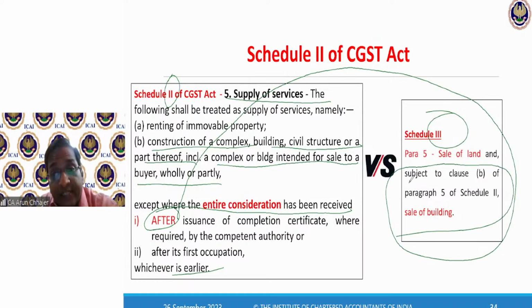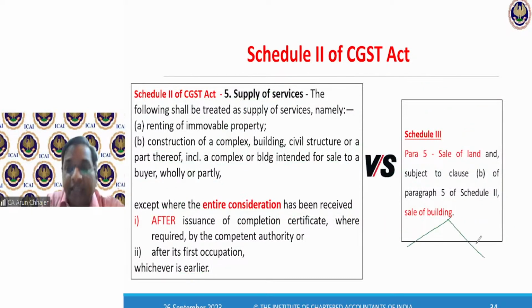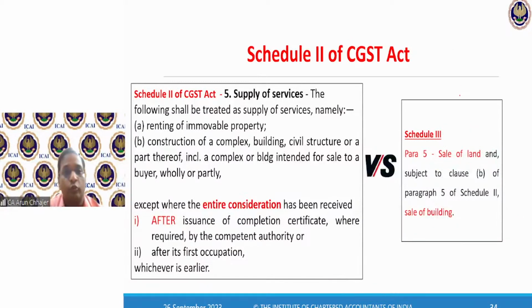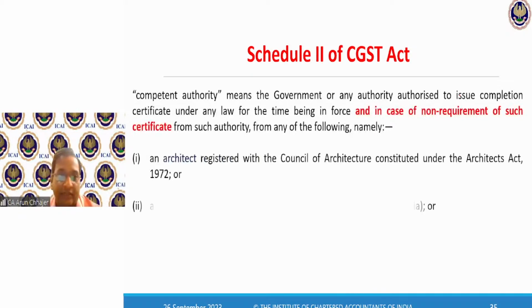Try to read: subject to clause B, para 5, Schedule 2, sale of building. Why do they say subject to clause B? They mean that if the building is before completion, then it will be covered in Schedule 2, para 5 clause B, chargeable on the full amount. If it is after, then it is covered in Schedule 3, out of GST. Sale of land is always covered in Schedule 3. I hope it is clear. Quickly confirm so that I can move to the next para.